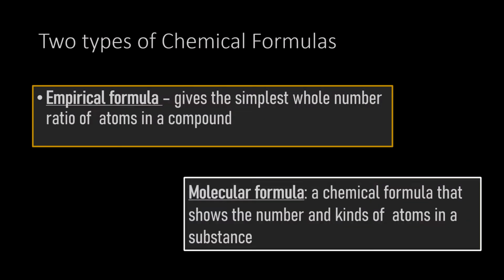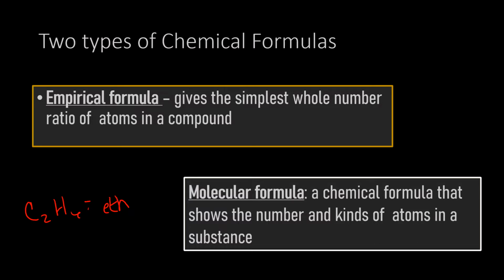So we have two types of chemical formulas. The first is the empirical formula. It gives us the simplest whole number ratio of atoms in a compound. And the next is the molecular formula. That is the actual makeup of our molecule. So if we had C2H6, that is ethane.